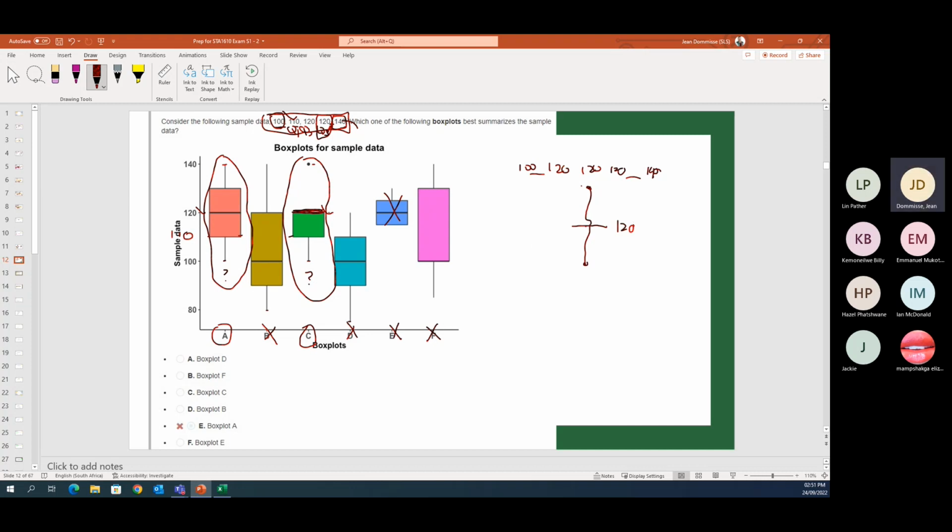Okay, Lynn, you had a question. Thanks, John. Just as a refresher, the definition of an outlier again was that it doesn't touch the actual box itself, or it sits outside of those lines. Yes, so it's basically not touching.